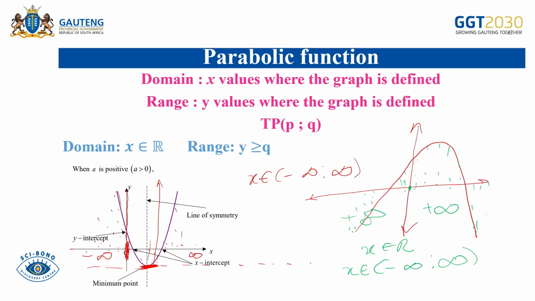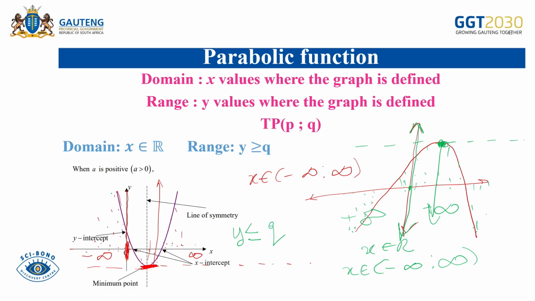And then when it comes to the range, we are talking about the values of y, meaning that we are now going to concentrate on this vertical line. So all the values that are covered by the graph from here going down, right? But always you start from the negative side. So it means y, going from this side down, is going to be less than or equal to this value of q that is given there.